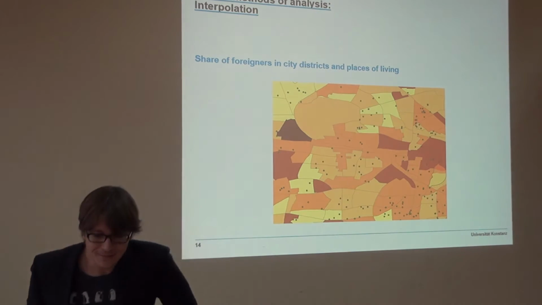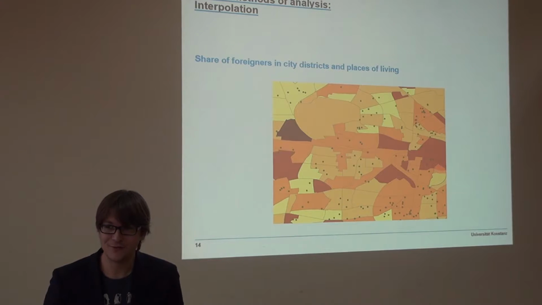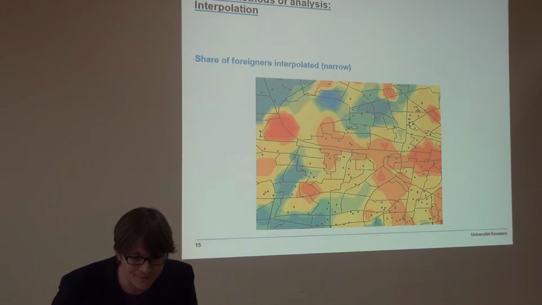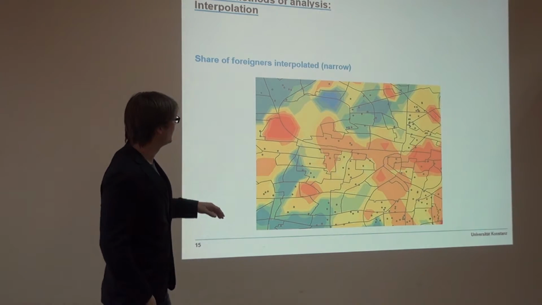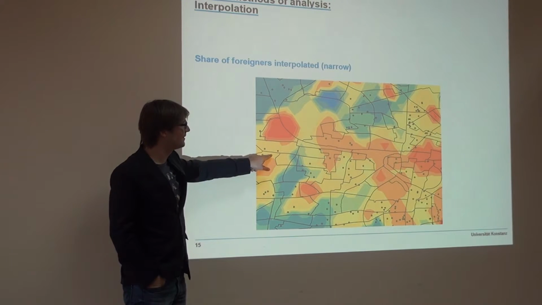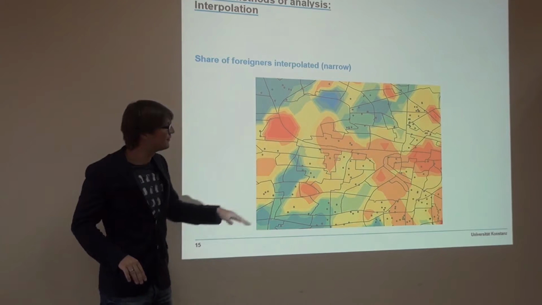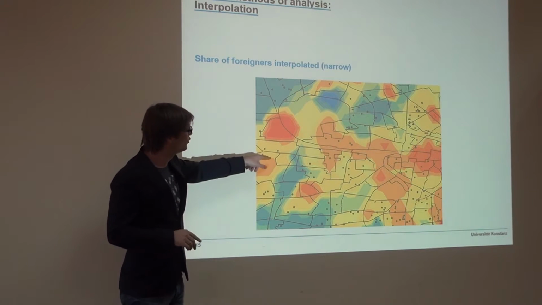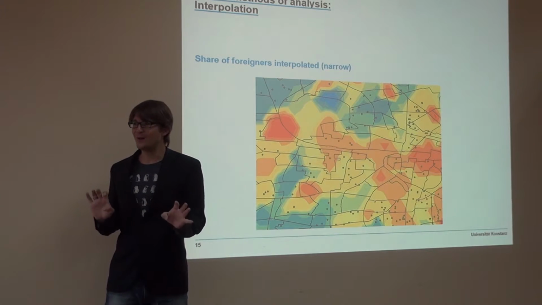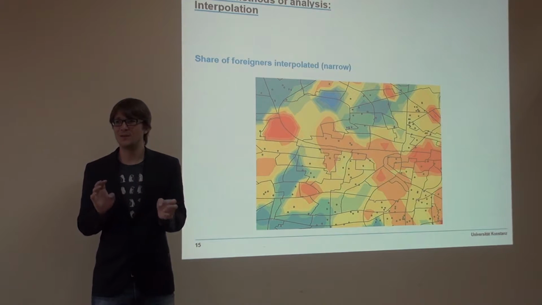What you can do is this kind of interpolation, which gets rid of these fixed borders but smooths the surface. Now all the points are not the original value but a weighted average of all the surroundings, so you get rid of the fixed borders but include information of the neighboring polygons. And that can be better information, because it reflects more what probably the landlord thinks.